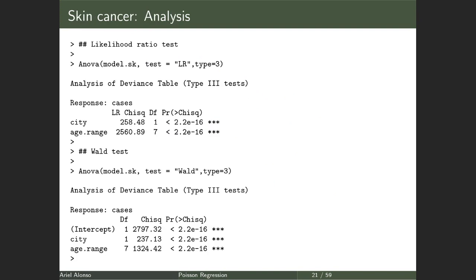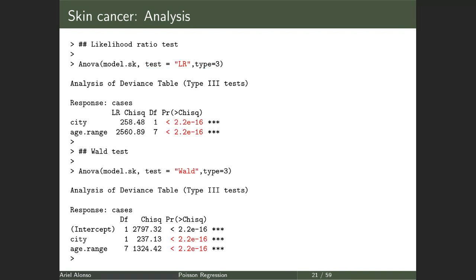Now, remember that here you have this categorical variable, which is the different age groups. If you want, for instance, to test whether there is an effect of city, or an effect of age, you can use the ANOVA function. You pass your model here, and you say I want to do a likelihood ratio test, type 3 sum of squares, so we always compare with the full model.